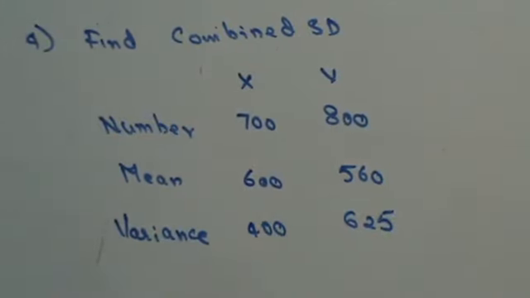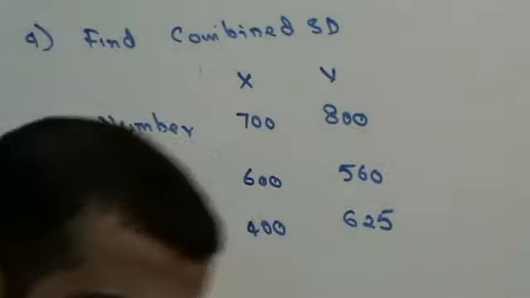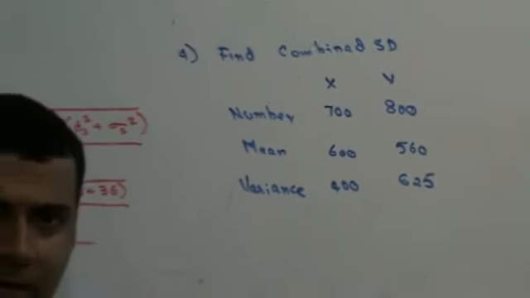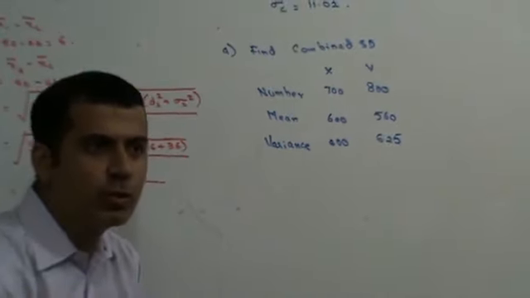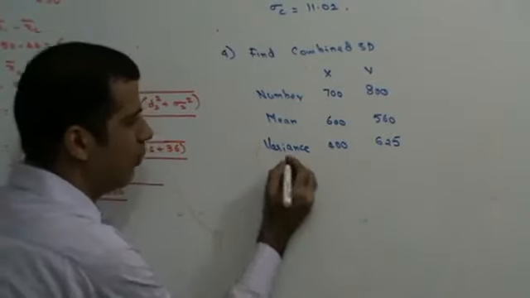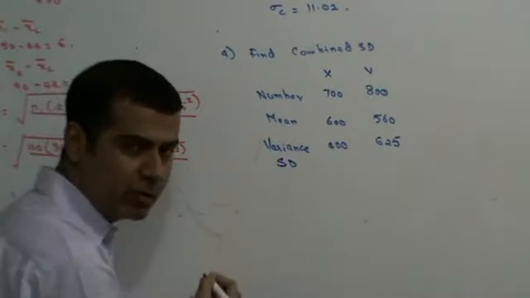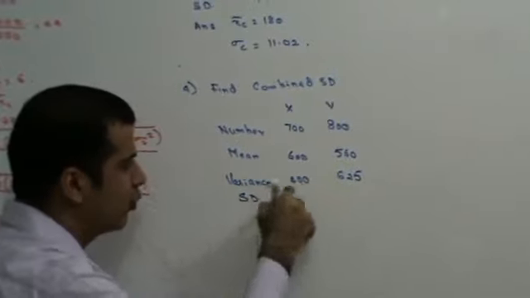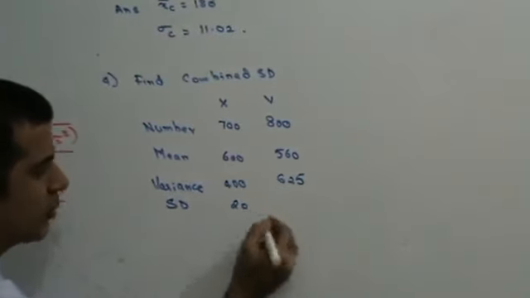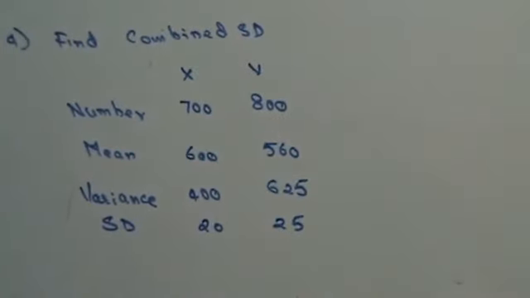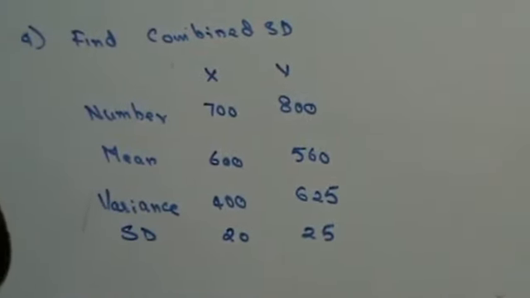If this is the data given to you, the new thing in this sum is that they have given you variance. When variance is given, how do you find out standard deviation? Standard deviation is nothing but the square root of variance. So for this data, standard deviation will be square root of variance. So square root of 400 is 20, square root of 625 is 25. Right? That's another way in which the examiner could turn the sum.